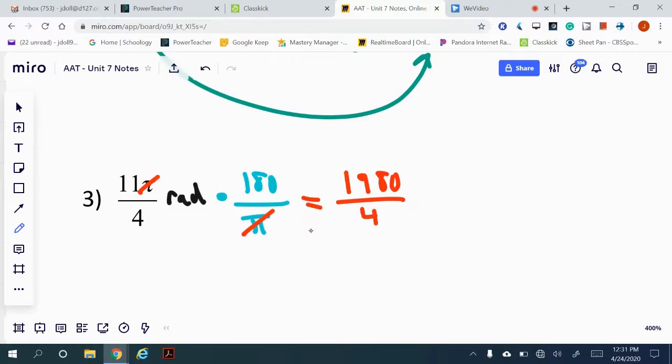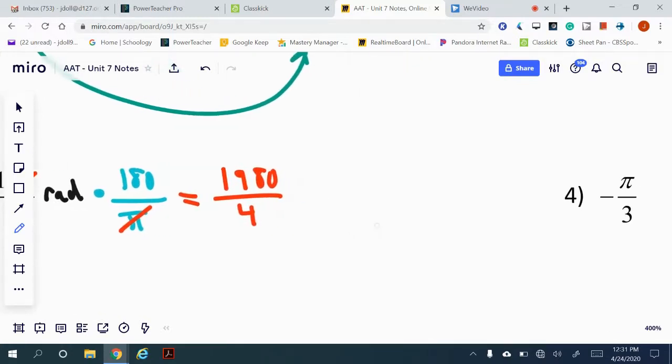So if we do that, that is going to be 1,980 over 4. Now, guys, use your calculator. I'm fine with you using your calculator here. I'm not asking you to kill yourselves trying to simplify fractions. But if we do this, we're going to get what?